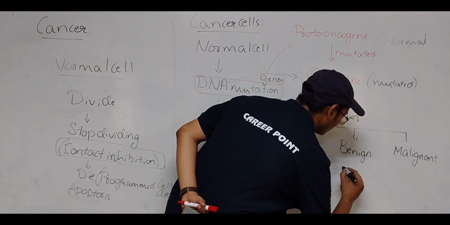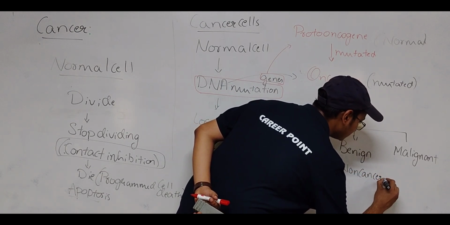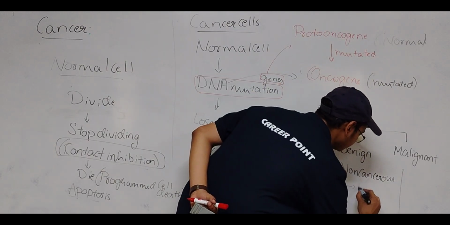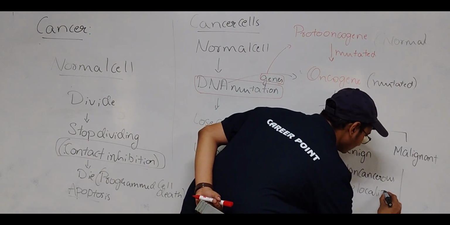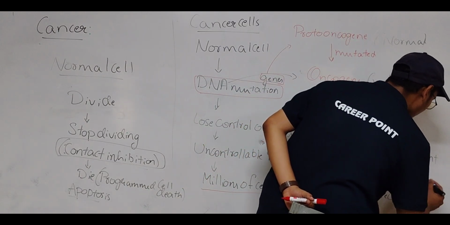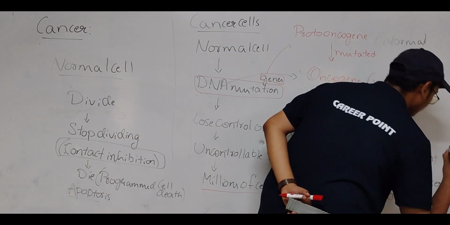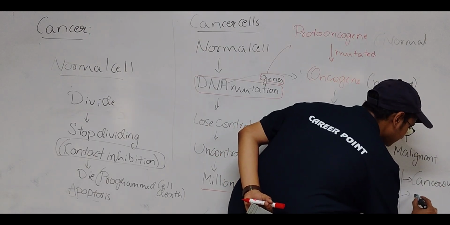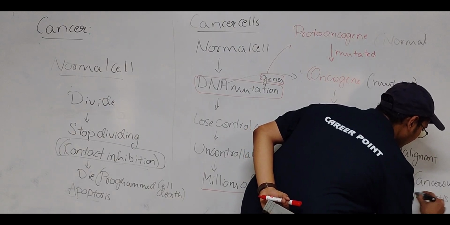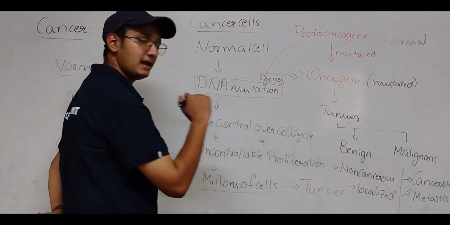So these are non-cancerous cells, and these are localized. Coming to malignant, these are harmful and these are cancerous cells. And these are not localized. These are metastatic. Metastasis. Remember this term metastasis. This is the main difference between benign and malignant.